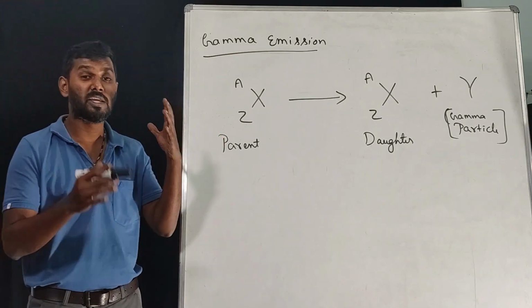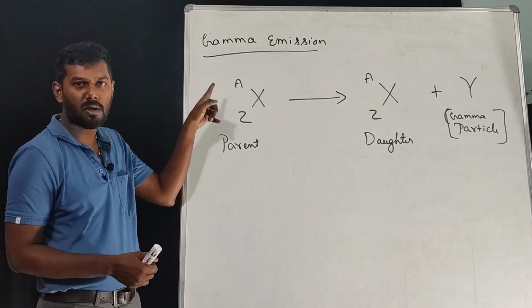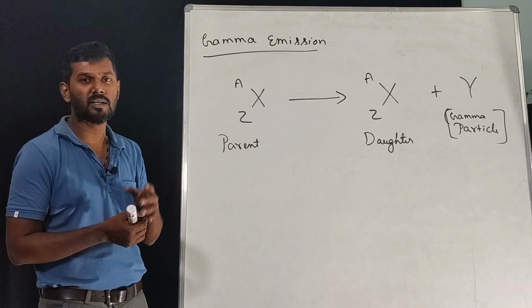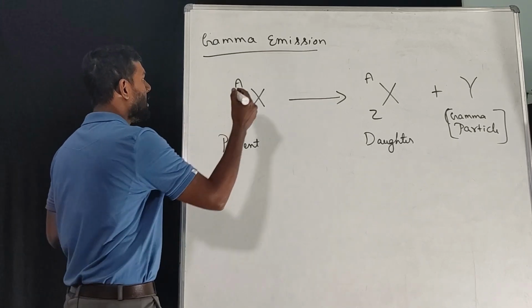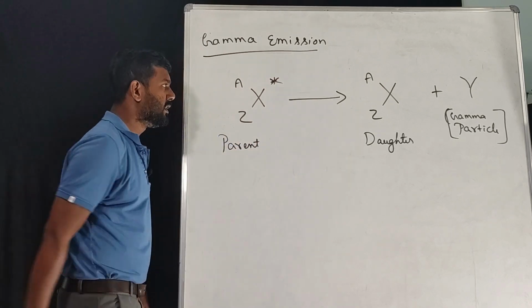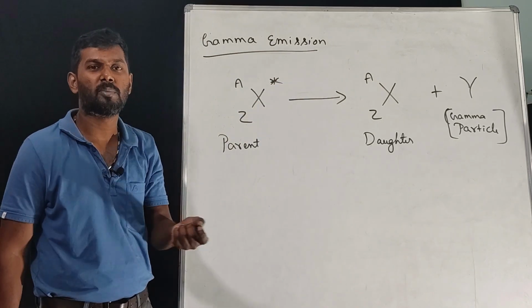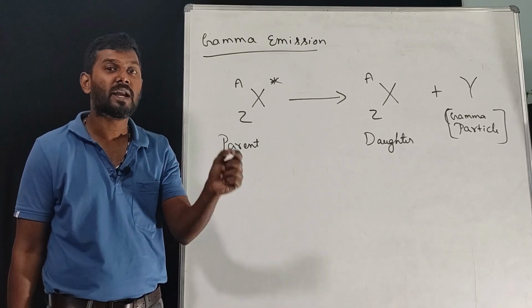Gamma emission is one of the easiest emissions. Why? Because there will be no change in both mass number and atomic number. Then what change happens inside a nucleus after a gamma emission? Very simple, the star. This star is converted to without star. What do you mean by this star? The star represents that it is in an excited state.